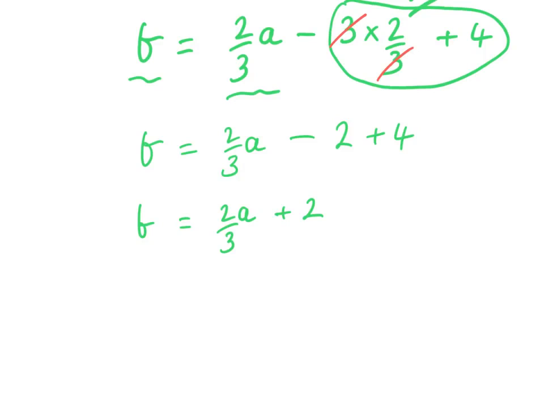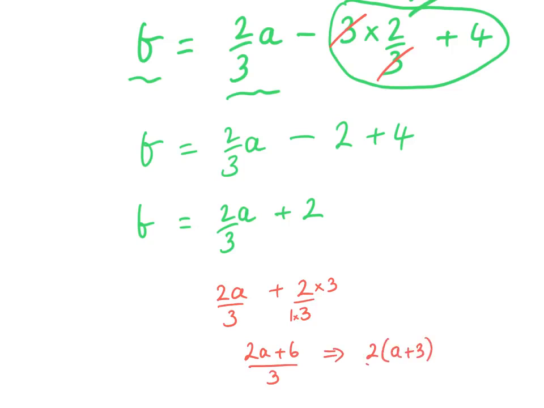and say something along the lines, if we took 2a over 3 plus 2, we could times top and bottom here by 3, this being 1 of course, 2 whole ones, and that would give us 2a plus 6 all over 3, and then what you could do is factor a 2 out of the top to give this as b.